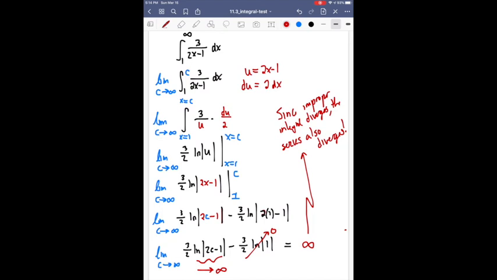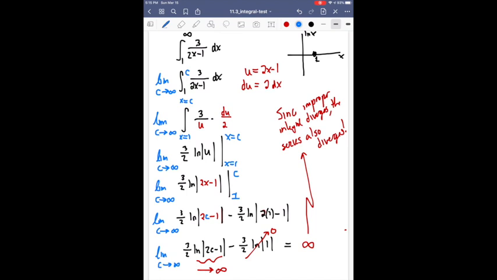And that's how we can do the integral test. Also, before we move on, just in case you want to remember what the ln of x looks like, if we make a plot of the ln of x versus x, we just know that when x is equal to 1, ln of x is equal to 0.